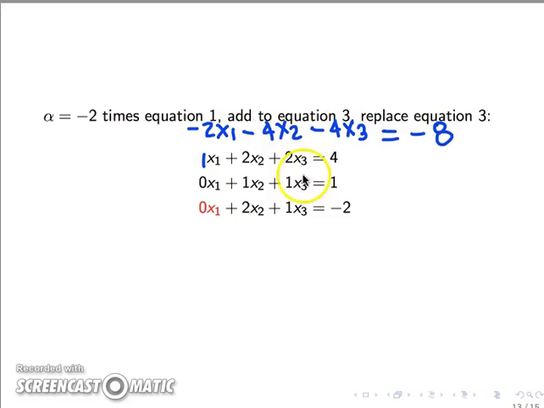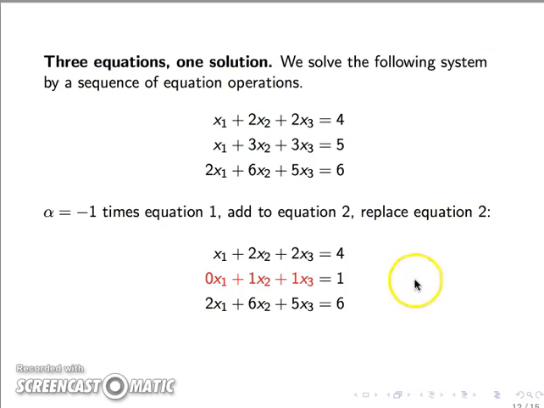And so the instruction says that we want to add that to equation 3, but this is referring to the previous equation 3, okay? I could go back one page, so this is referring to this equation 3.